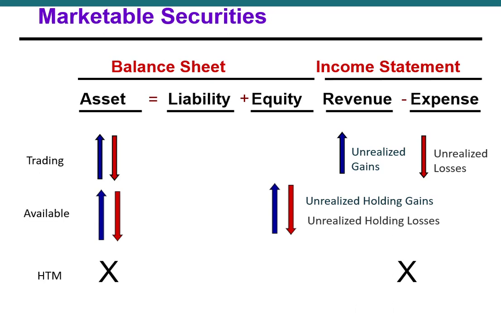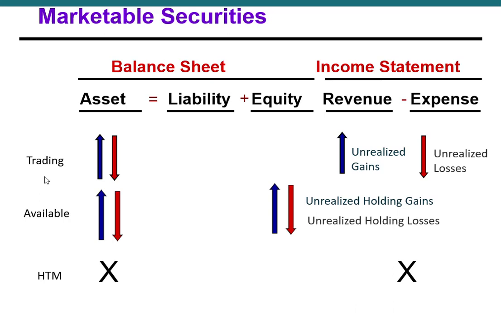We will record increases and decreases in the value of our assets on our balance sheet. But rather than recording unrealized gains and losses directly on our income statement, we record unrealized gains and losses as part of other comprehensive income directly in the equity section of our balance sheet. So we bypass that above the line net income figure.